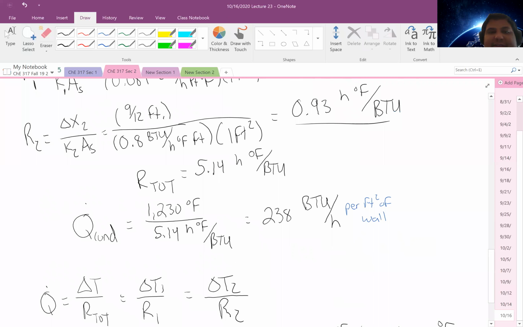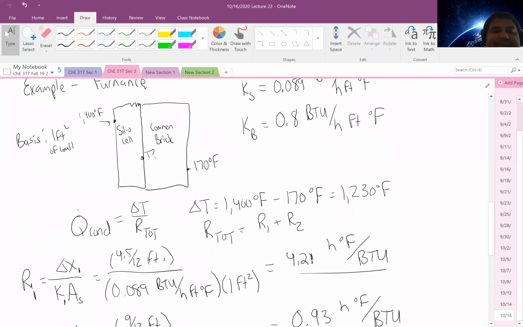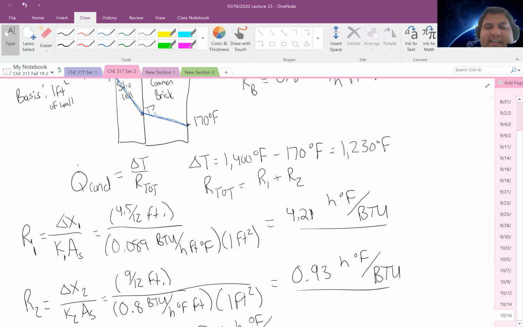Which means what we actually have in this problem is a pretty significant temperature gradient through the silicel, and then a more moderate temperature gradient through the common brick. And so what we find is it's the silicel brick that's actually providing the majority of the thermal resistance, and we see that further evidenced by the values of R through each material.